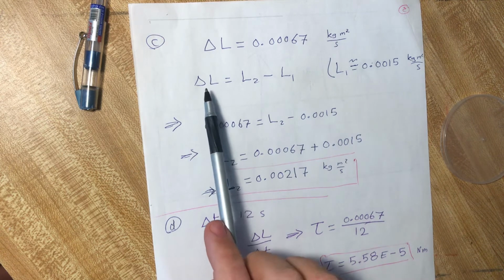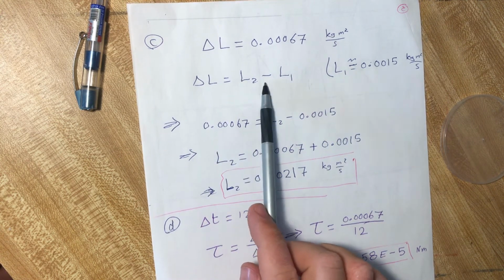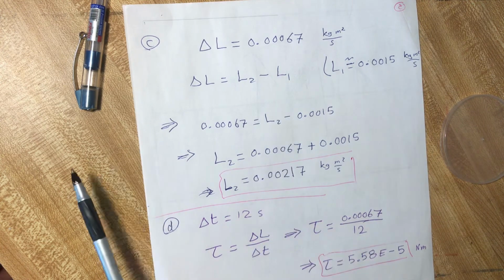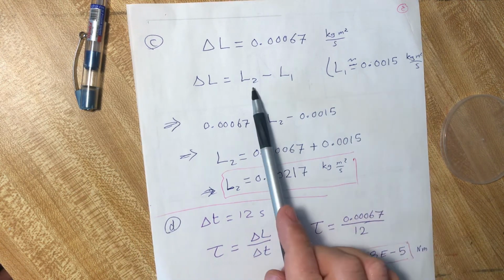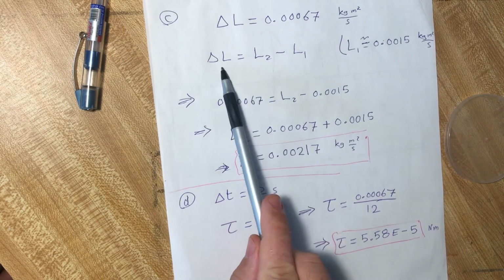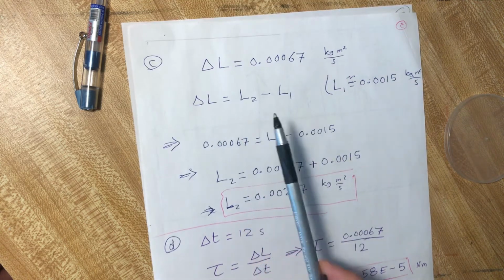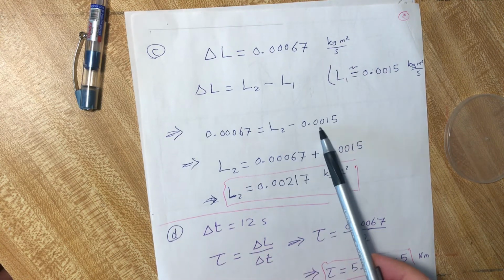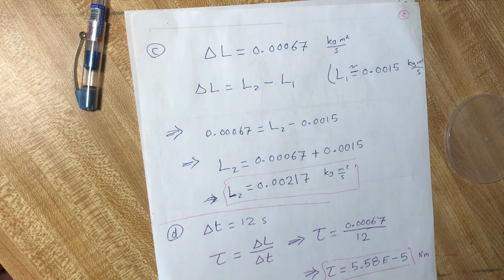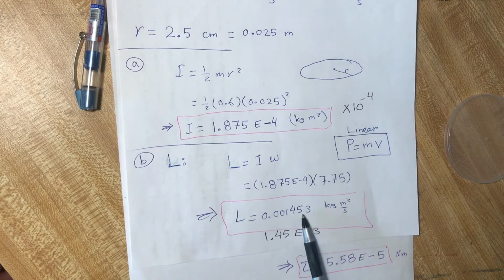So we know that every delta quantity is equal to the final quantity minus the initial quantity. We know the initial quantity. We need to find the final quantity. Now, the change in angular momentum is equal to this given value, which is equal to L2 minus L1. L1, we found it here, which is 0.001453.